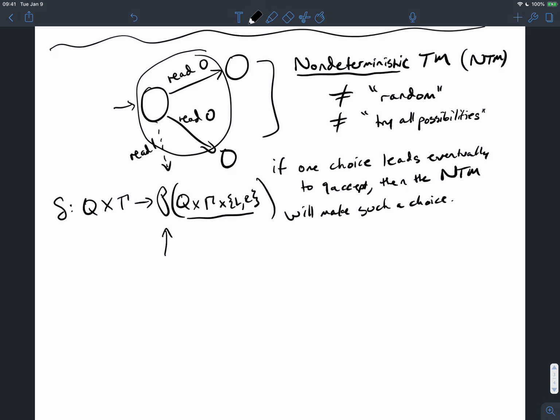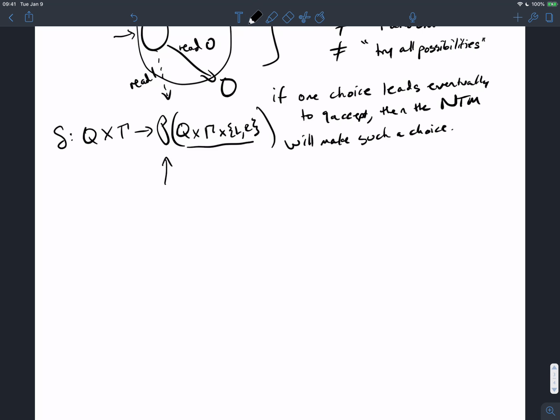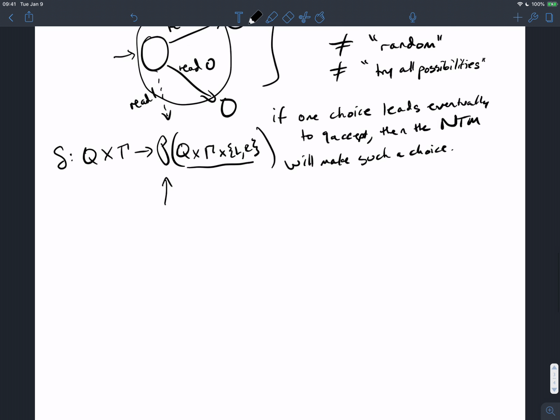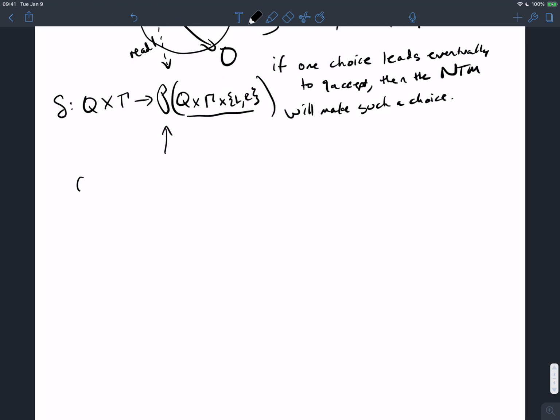Okay, so now we want to show that non-deterministic machines are equivalent to the standard model. So can a non-deterministic machine simulate a normal Turing machine?